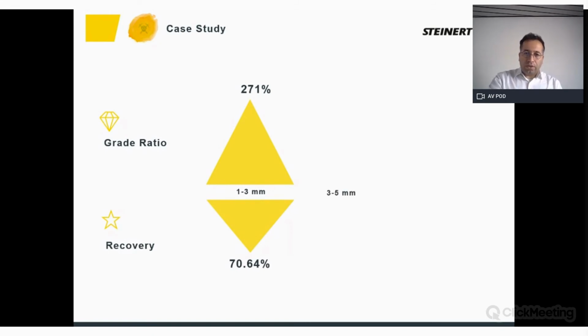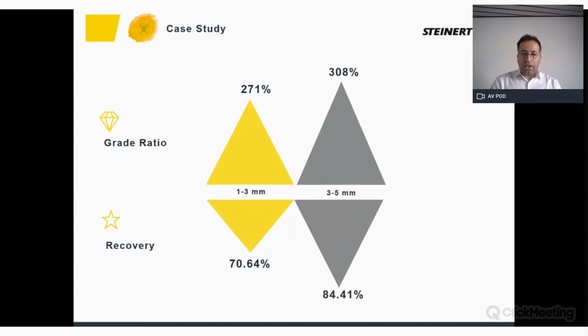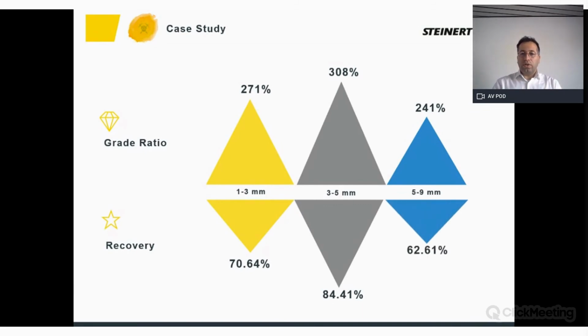In the medium size 3 to 5 millimeter, the increase of the grade was even higher, 308%, and the recovery is higher, 84.41%. And for the coarse fraction, you have 241% as the increase in the grade, and the recovery is 62.61.